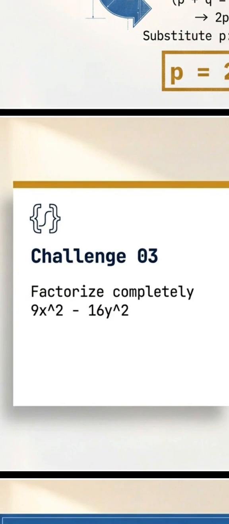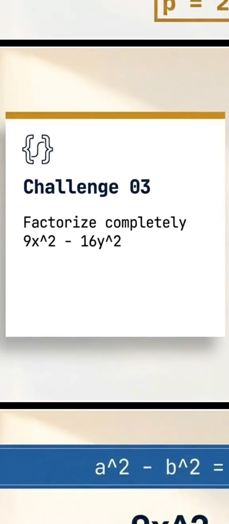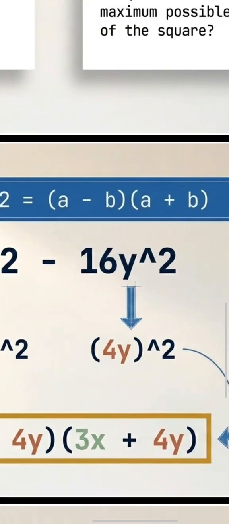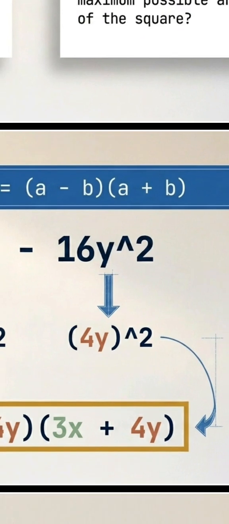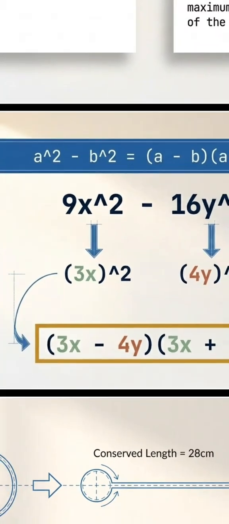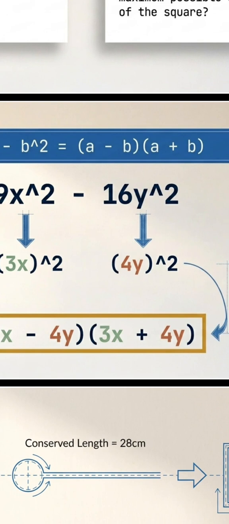Now number 3, factorization, complete factorization. This is the factorization of difference of 2 squares. If you have a square minus b square, it gives us a plus b bracket a minus b. Looking at that, 9x square gives us 3x all square, and 16y square gives us 4y all square.